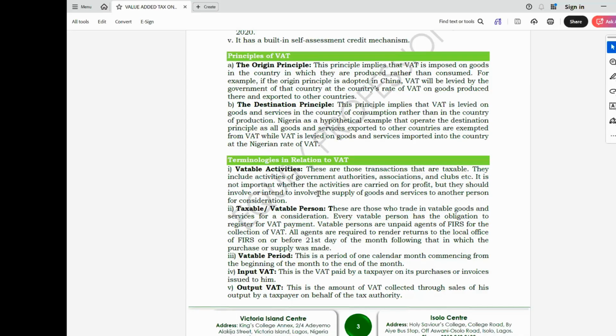Taxable or vatable persons are any company, government agency, association, or club who trade in vatable goods and services for a consideration.